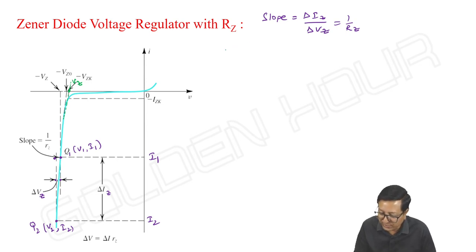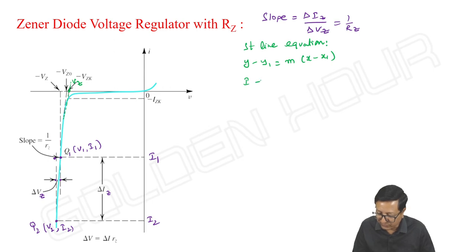Okay, so straight line equation, if I take it, y minus y1 is equal to m into x minus x1. What we are taking along y-axis, it is current I minus y1, x1. I am just taking this as my coordinates. That is, okay, I can even write it like Vz comma 0.